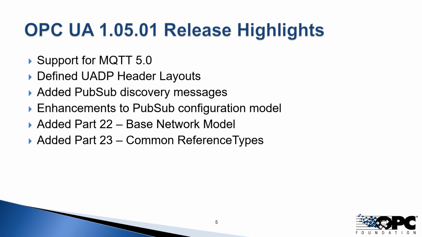And we also added Part 23 for common reference types. This includes things like is related to, depends on, is connected to, and a series of rather generic but useful reference types that can be derived from and made more special, providing specific semantics to those relationships.